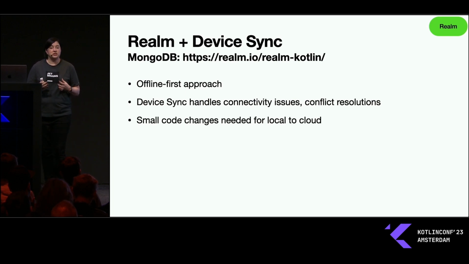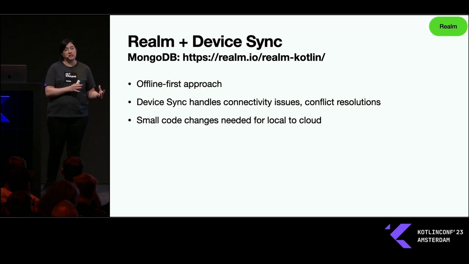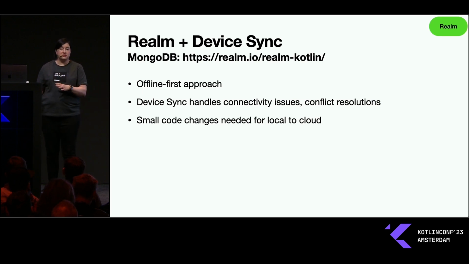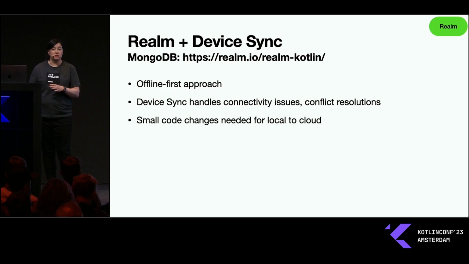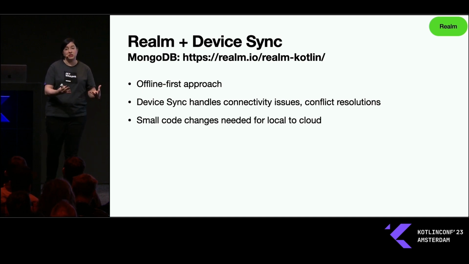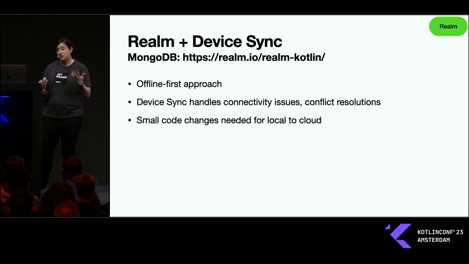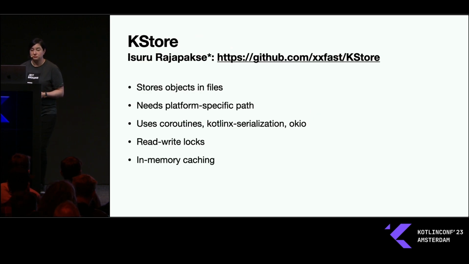So the code changes actually needed to go from Realm as just a local object-oriented database to a cloud-based solution is actually impressively small. We had a webinar recently with somebody from MongoDB, and they just demonstrated how little code was actually needed for this. It was actually very, very cool.